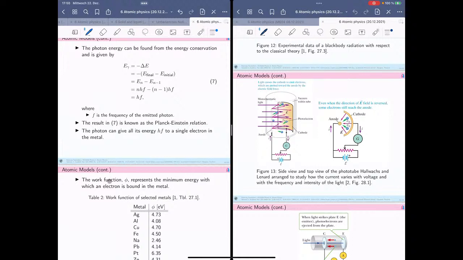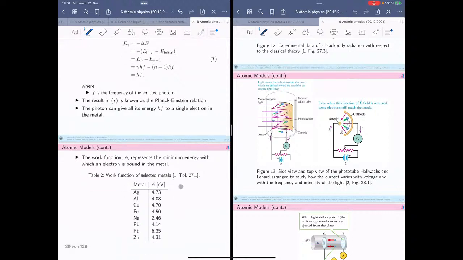So if you can destroy the bonding, the attractive force in the metal atom or molecules, you can let the electron be away from its original position or its original atom. That's the meaning of work function. It's the energy, with a tiny scale of energy.